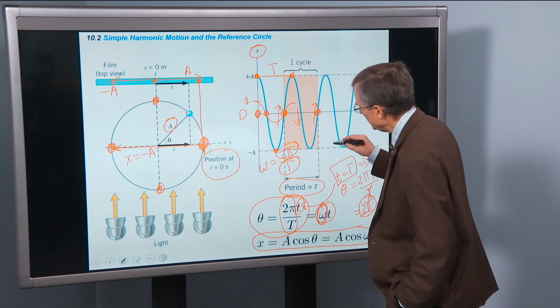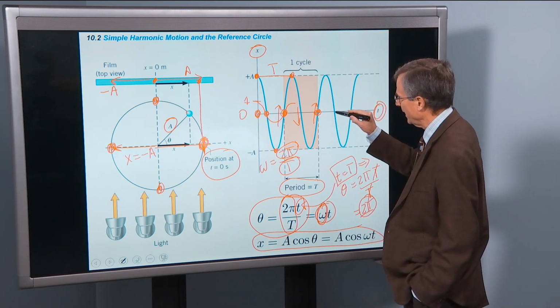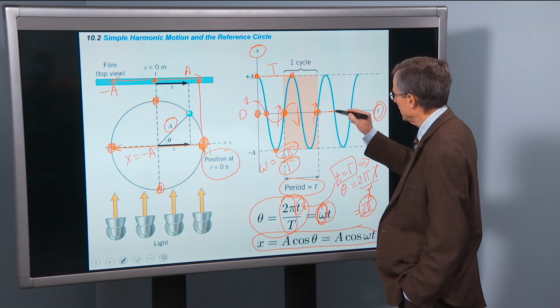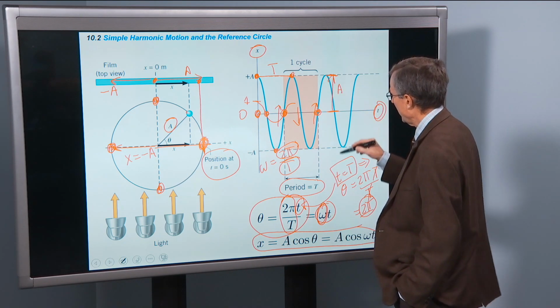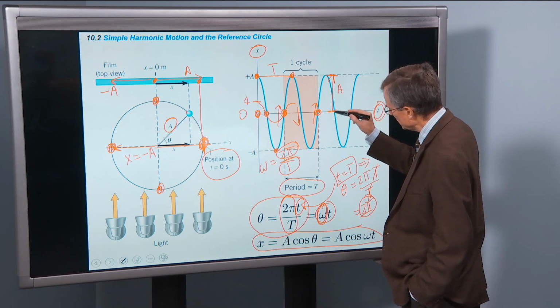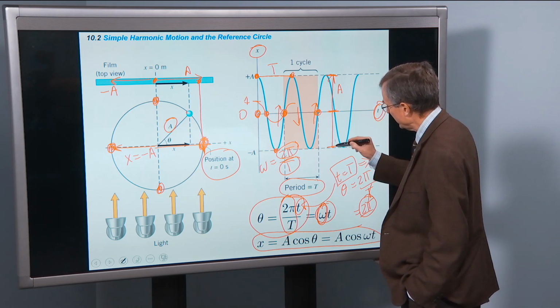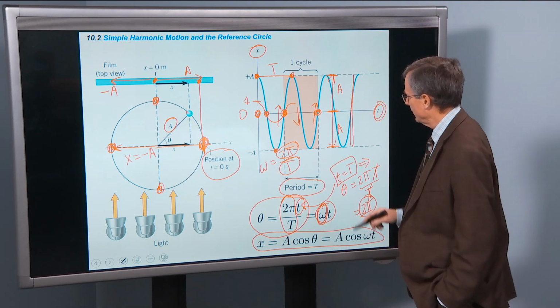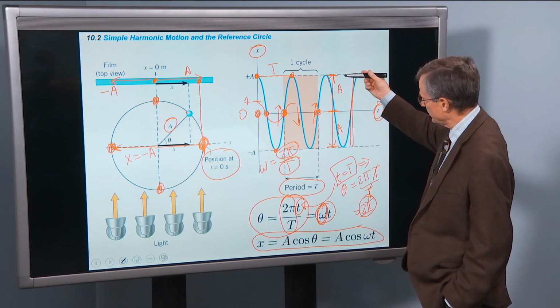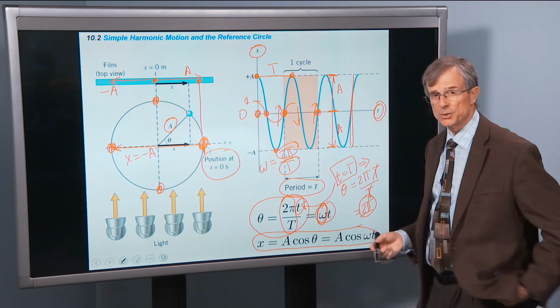Here's another place that you can understand what the amplitude is. Here's x equals 0, here's x equals a, and that distance is a. And from x equals 0 down to x equals minus a, that distance is also a. So the total between the maximum position and the minimum position is actually 2a.